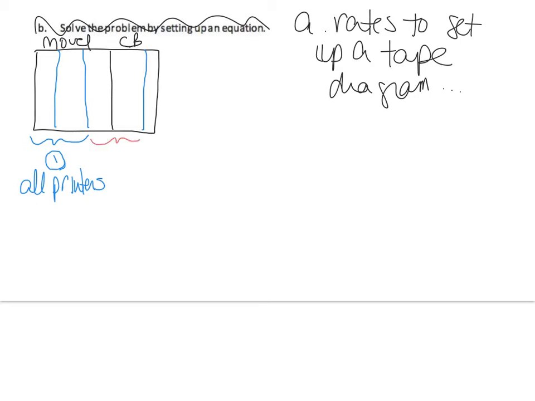On day two, we did half novel and half cookbook. That makes sense. Those are all equal slices, right? And then we've got this last little slice of stuff, right? So on the first day, all the printing presses were used on printing the novel. On the second day, half completed the novel and half worked on the cookbook.